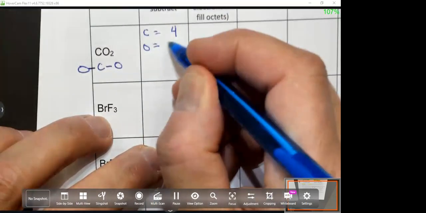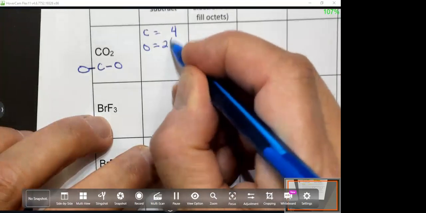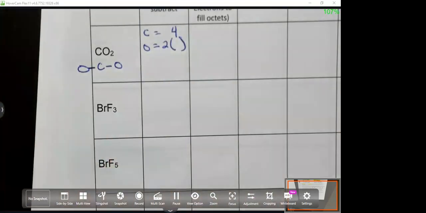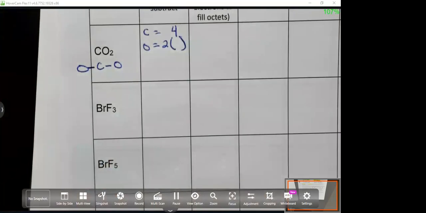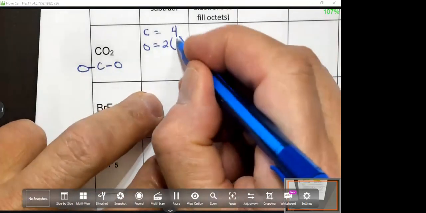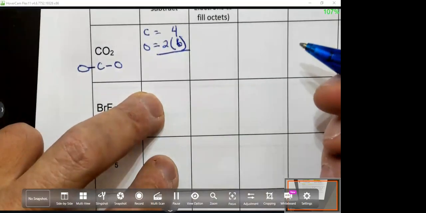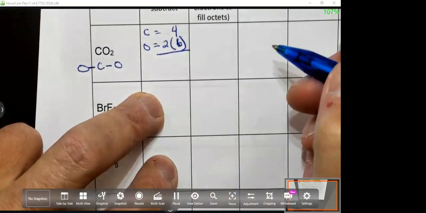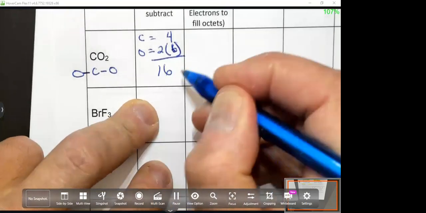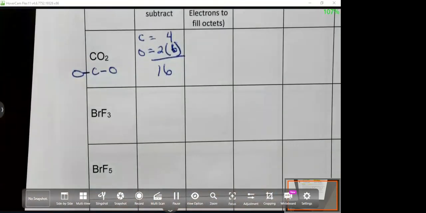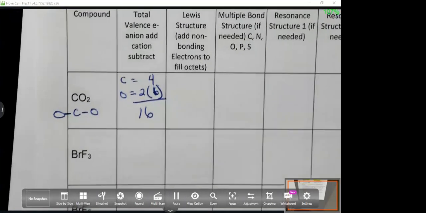Oxygen has 2 times what? 6. It's in group 16. So hopefully I do the math correctly and I get a total of 16 valence electrons.